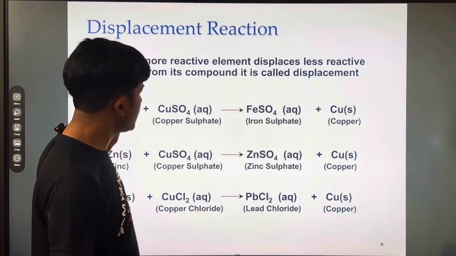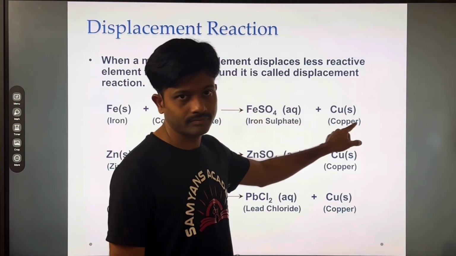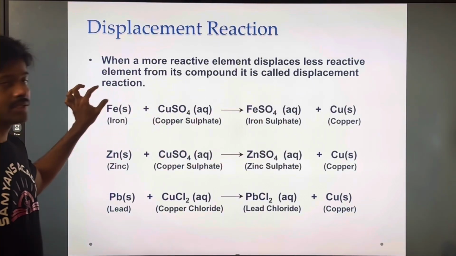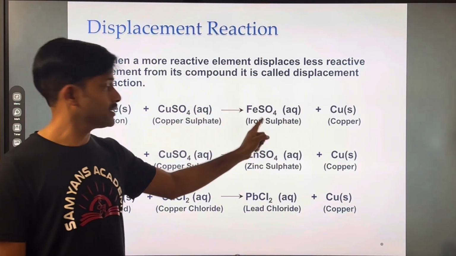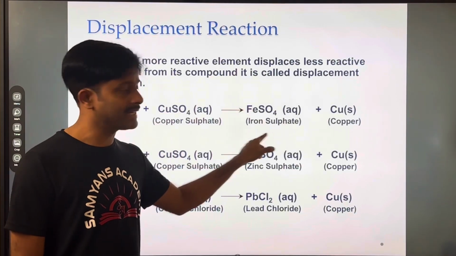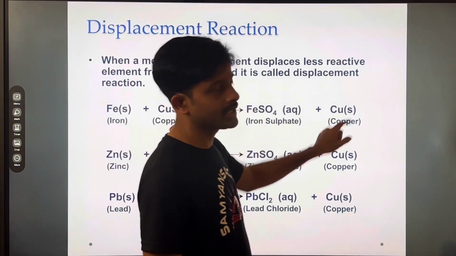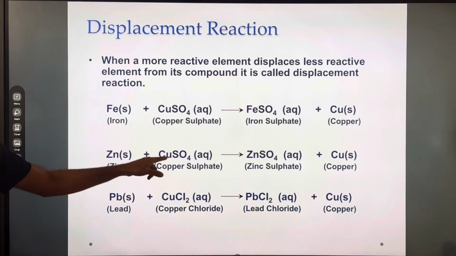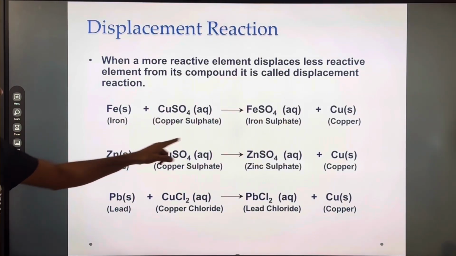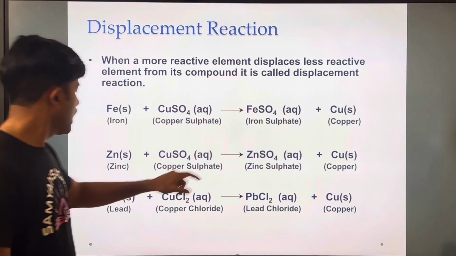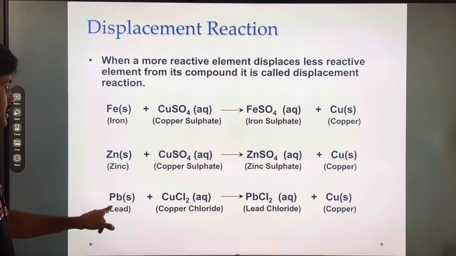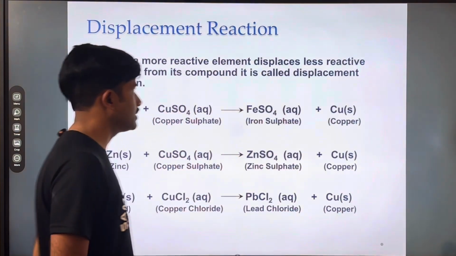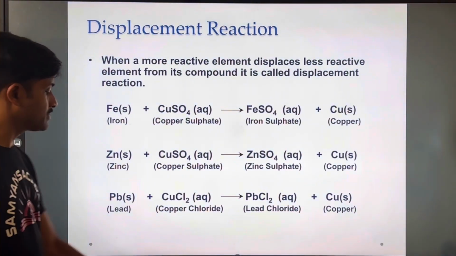And the iron nail is deposited with copper, meaning the copper is displaced by iron and forms iron sulfate solution, which is light green in color. Along with this, you will get copper also. And here copper is displaced by zinc and forms zinc sulfate plus copper. And here also copper is displaced by lead and forms lead chloride plus copper. And this is the example for the displacement reaction.